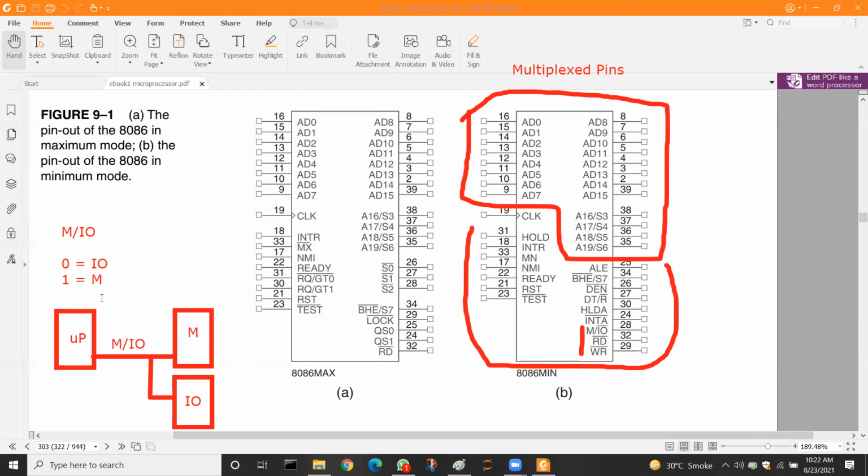Okay, so when this logic level is 0, that means the IO device is selected or enabled, and if this control pin has a logic level 1, then the memory is selected according to this configuration, because this IO signal is active logic low. Active low logic for the IO.